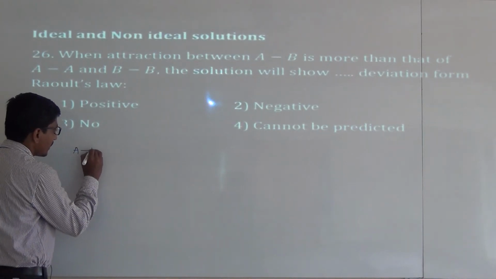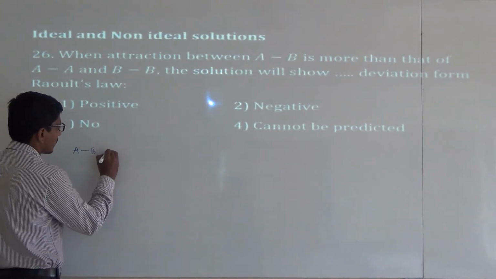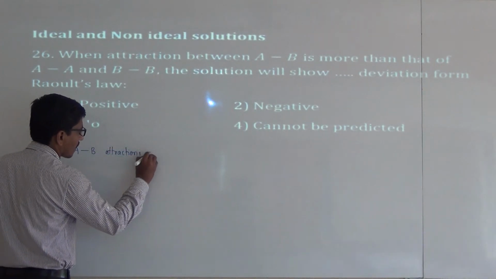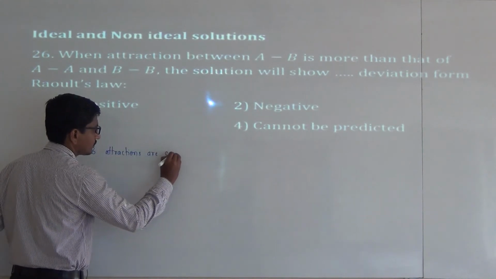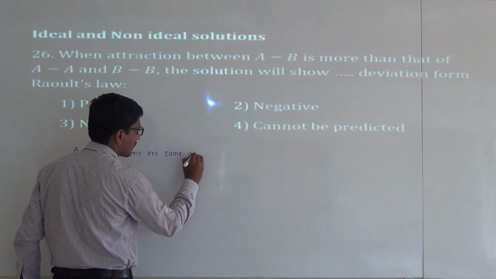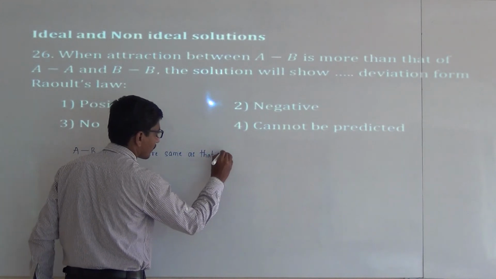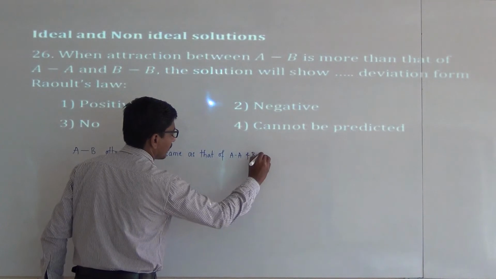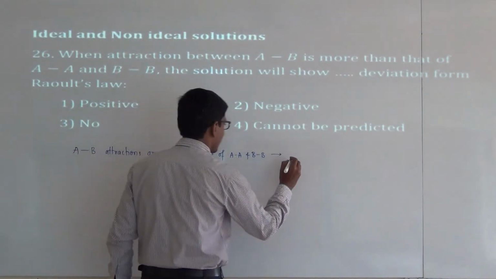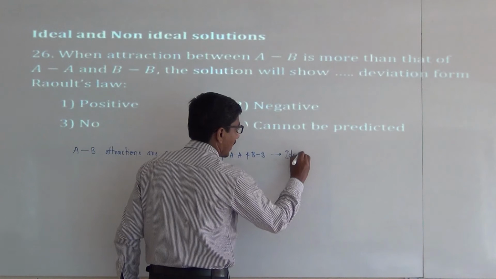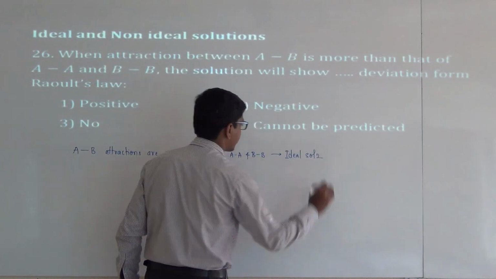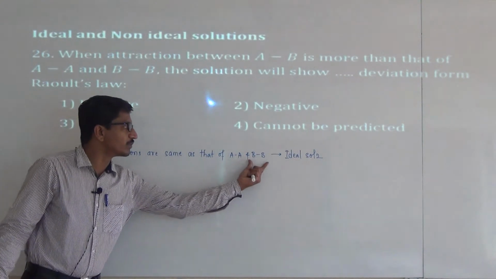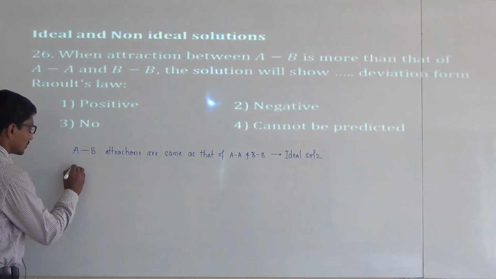If AB attractions are the same as those of AA and BB, this is an ideal solution. Similar attractive forces between solute and solvent as compared with the pure components, that is an ideal solution.